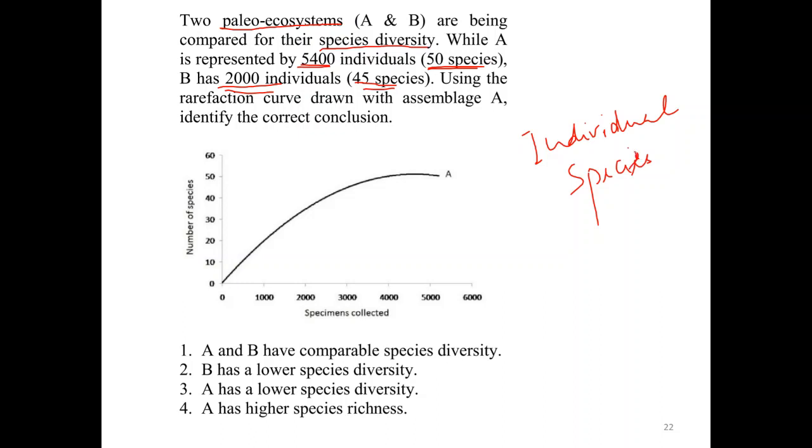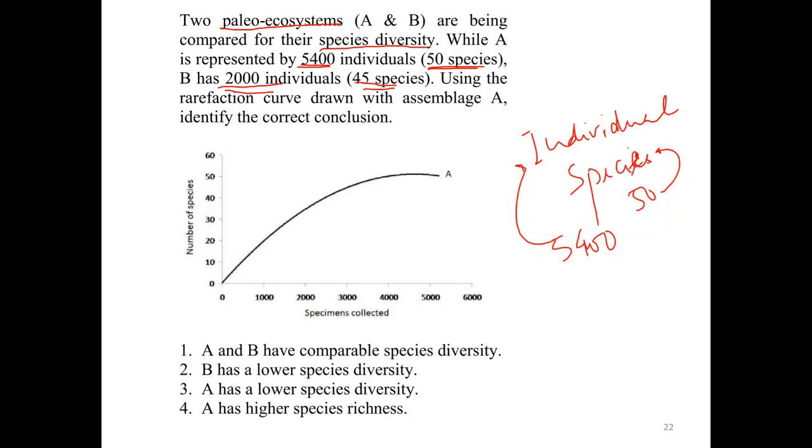Now, what is it saying? It is saying 5,400 individuals, while how many species? 50 species. So it is quite possible that these 5,400 individuals are evenly distributed among 50 species, or a few species would be more dominant than the rest.